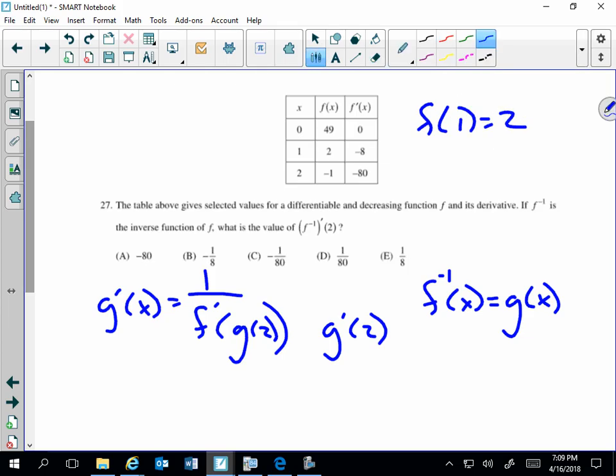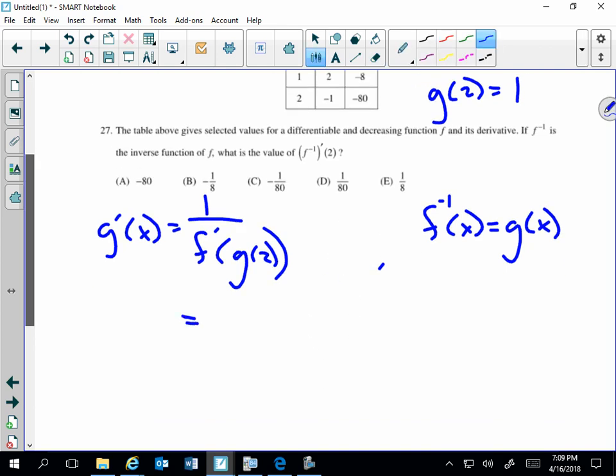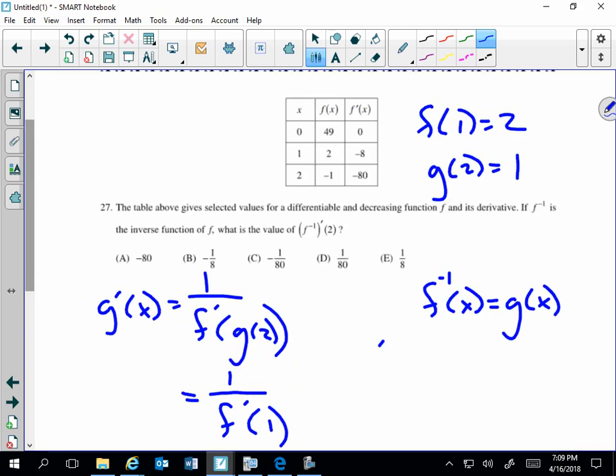If f of 1 is 2 and f and g are inverses, then g of 2 has to be 1. So what we are looking at now is 1 over f prime of 1. F prime of 1 is negative 8, and we have 1 over negative 8. 27 is B. I would memorize that formula.